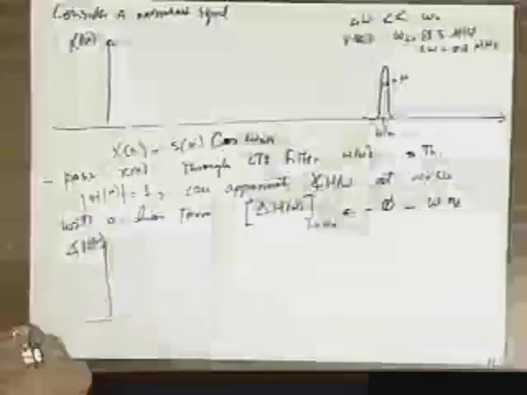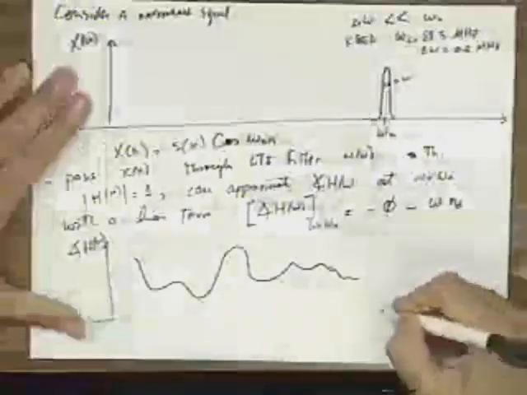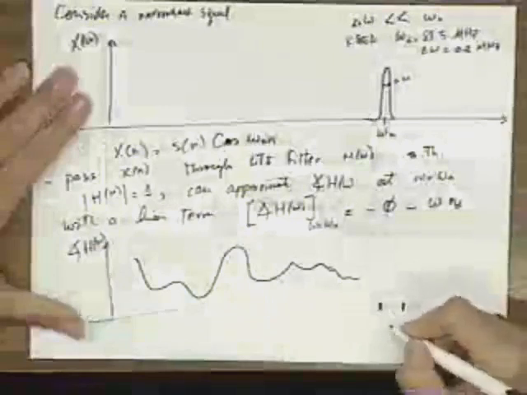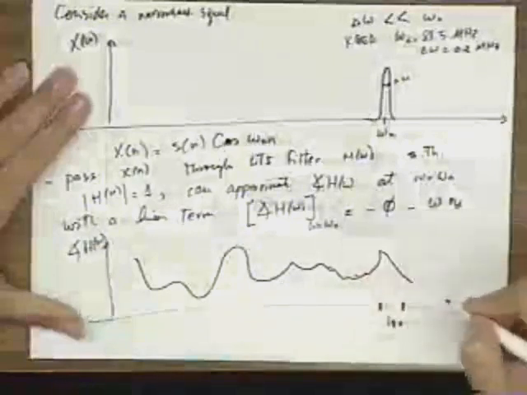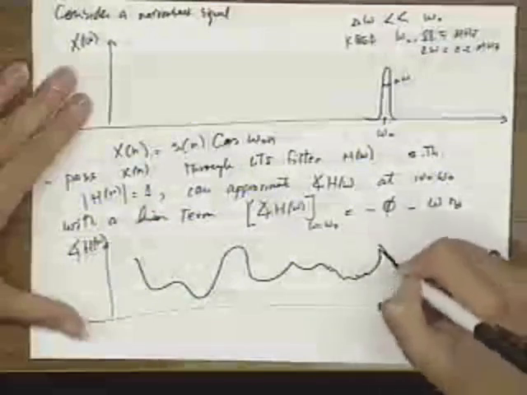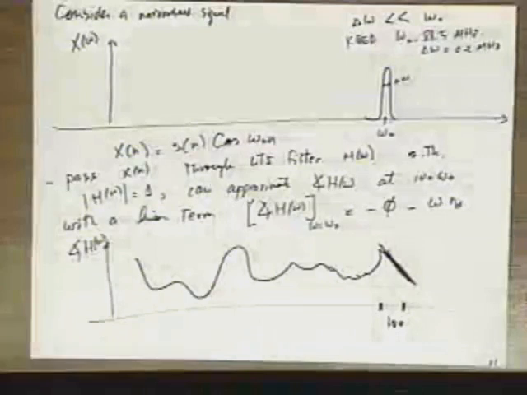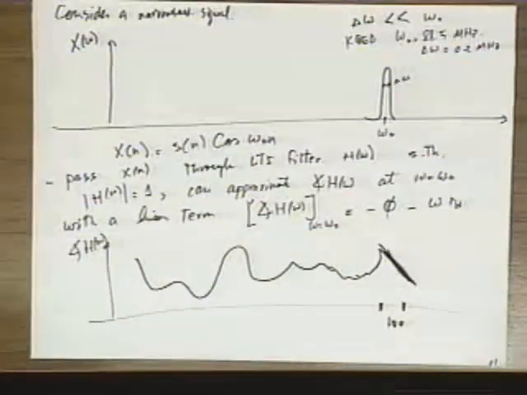Okay? This comes from the following fact. I'm just going to draw it here. If I have the angle of H of omega, even though it can do all kinds of funny things here, all that I'm saying is that over this little range around omega naught, it's so tiny that even if it's doing weird things, I can linearize it around it and make a linear approximation here.